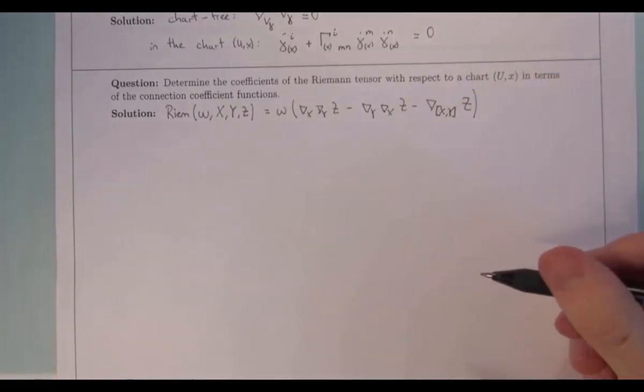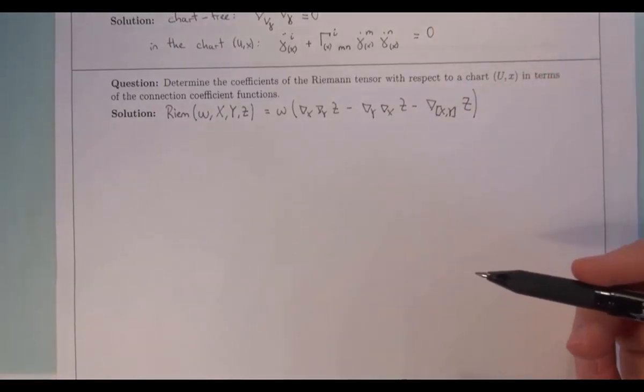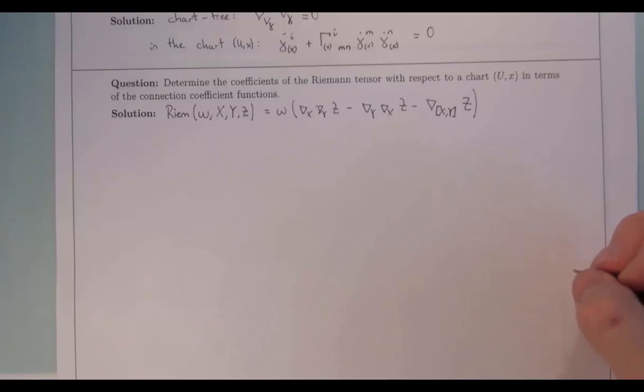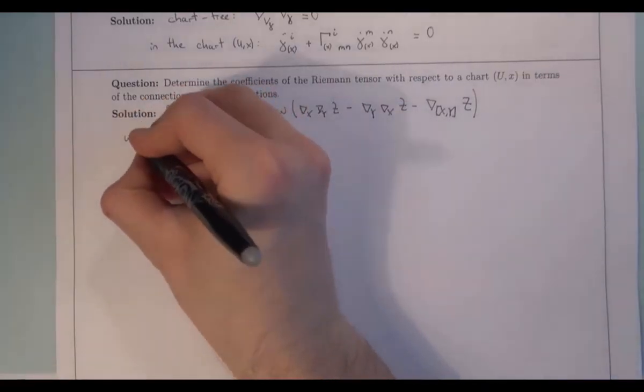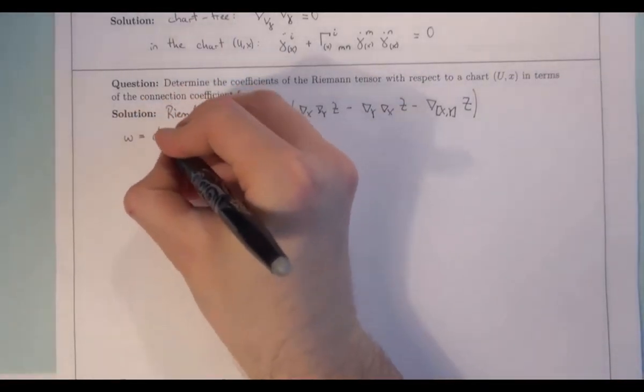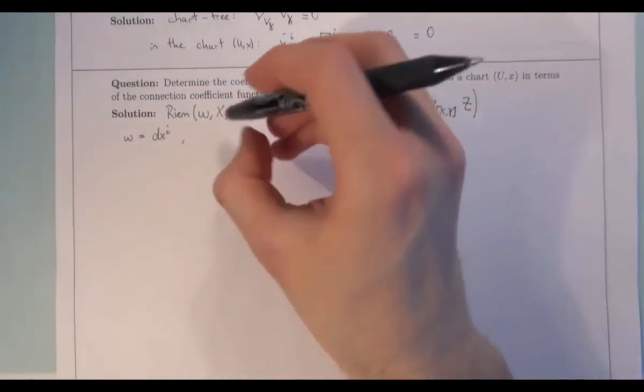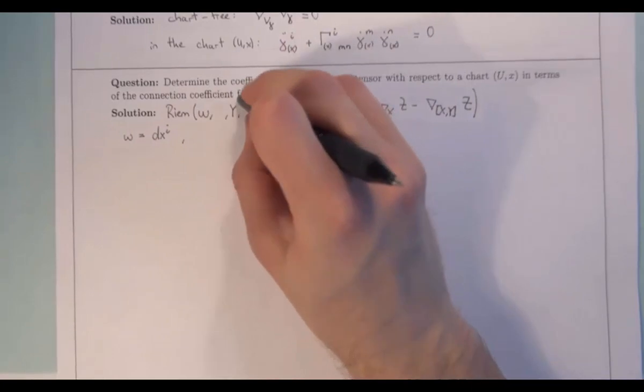And now we use the chart-induced basis fields to find the components, so the coefficients of the Riemann tensor. We put omega as dx i.